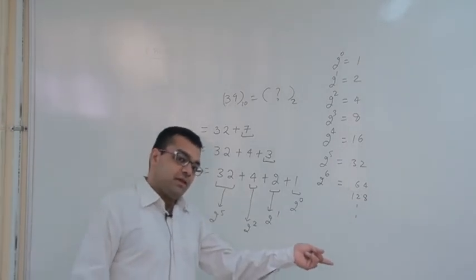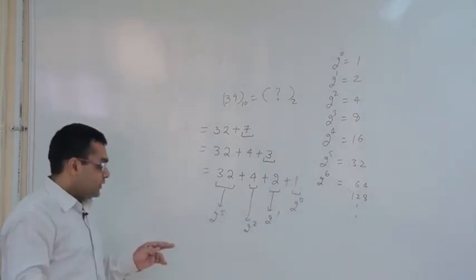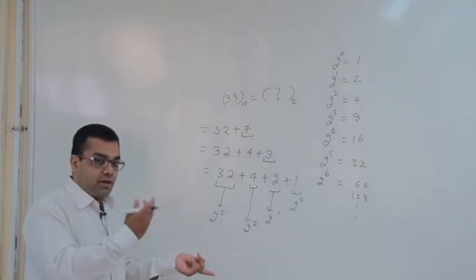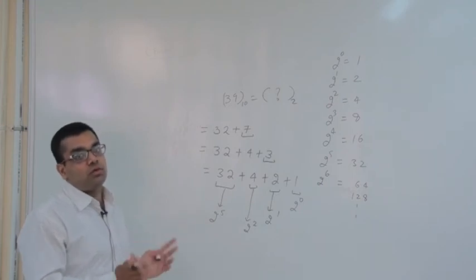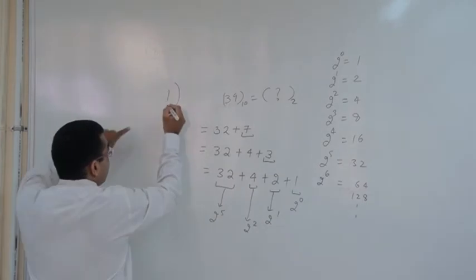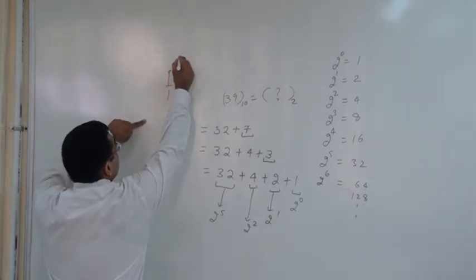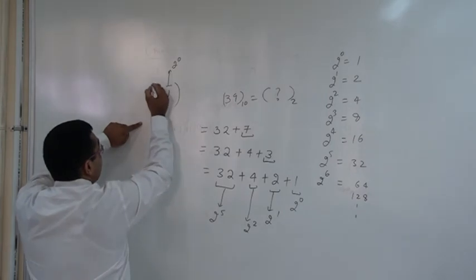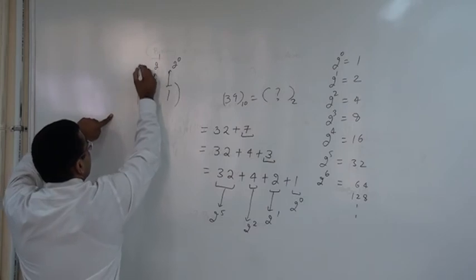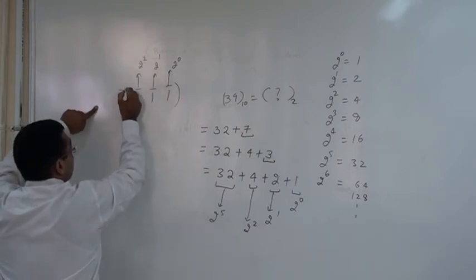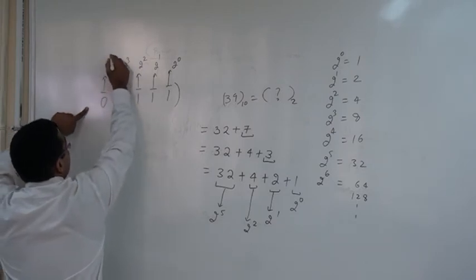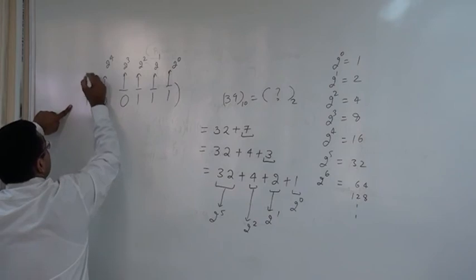So starting from the LSB, we go on towards the MSB. Whichever place the digit is appearing, we have to put in a 1. Where the power is not appearing, it is absent, so we have to put a 0. So this is 1 for 2 to the power 0, then 1 for 2 to the power 1, 1 for 2 to the power 2, then 0 for 2 to the power 3, 0 for 2 to the power 4, and 1 for 2 to the power 5.